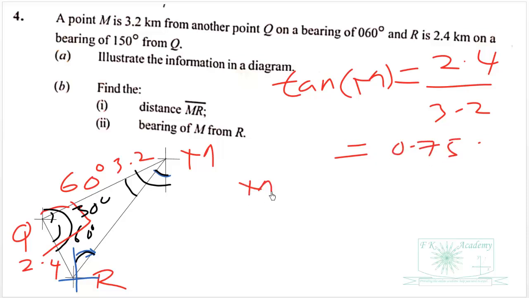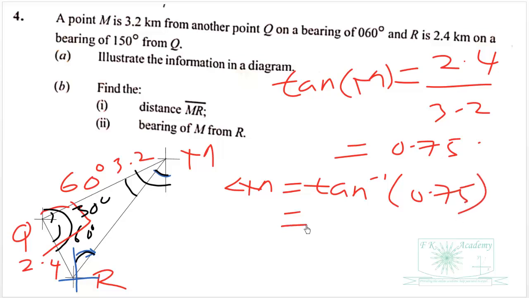So the angle M will be equal to tan inverse of 0.75, and that will be equal to 36.869 degrees.